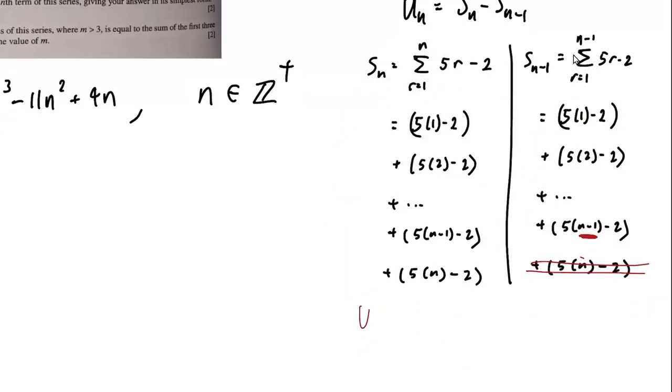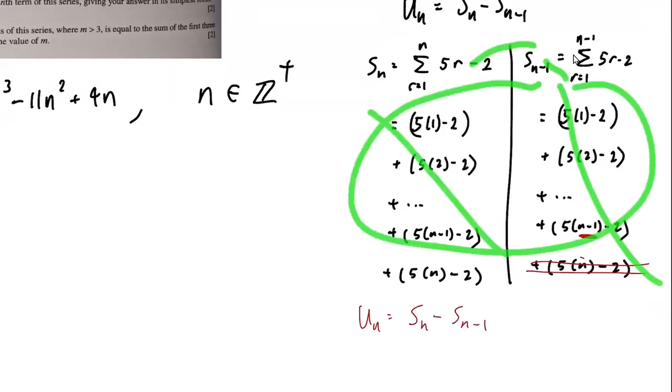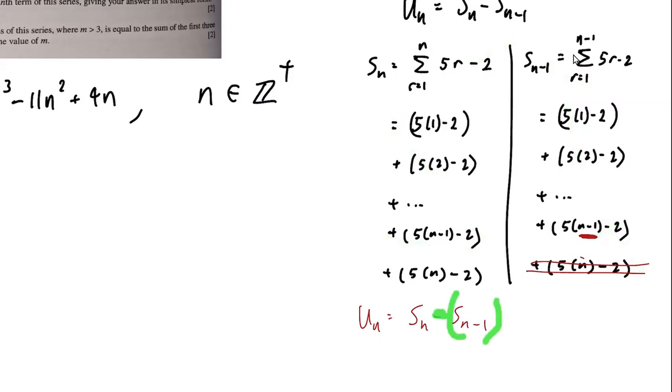So that means un equals Sn minus Sn minus 1. All these terms in between will cancel off because of the minus bracket. You have to distribute the minus, so all of these plus signs here will turn into a minus, and they will just cancel off with the original.